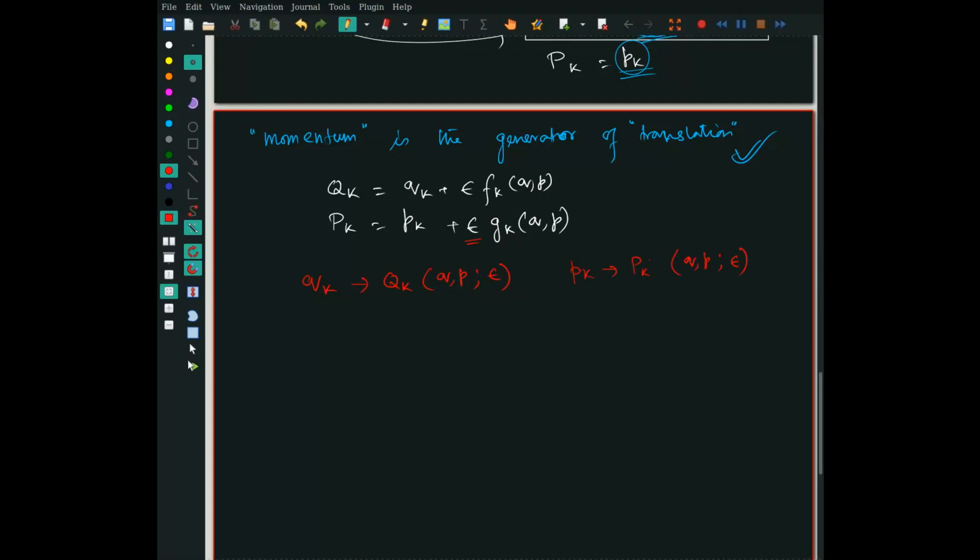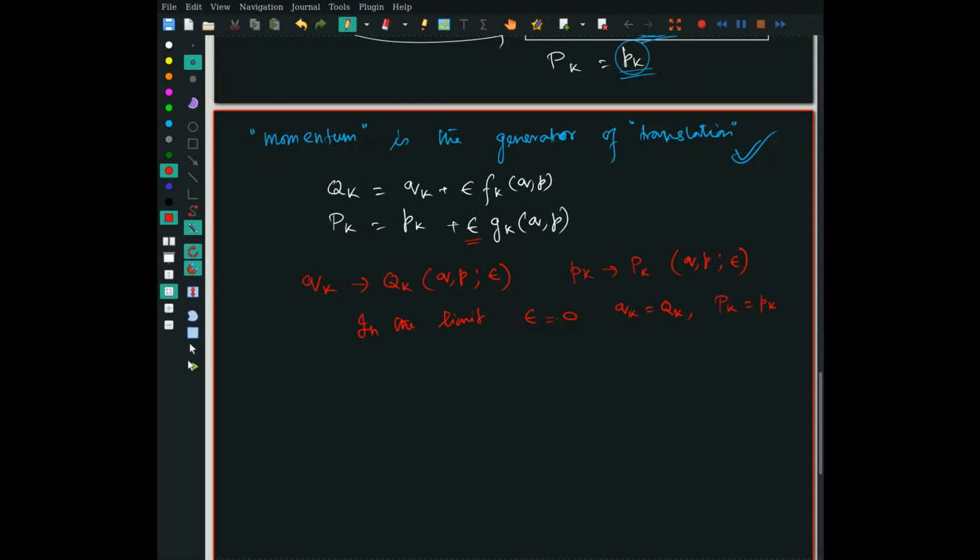In the limit epsilon tends to 0, I get basically Qk equals qk, and Pk equals pk, so that I do not transform anything. There is no transformation in the limit epsilon equals 0. So that is the thing.